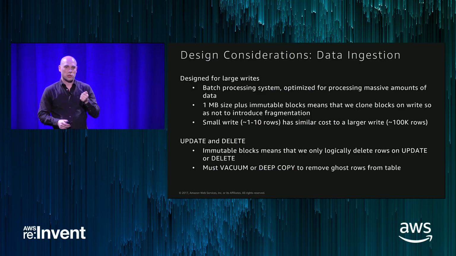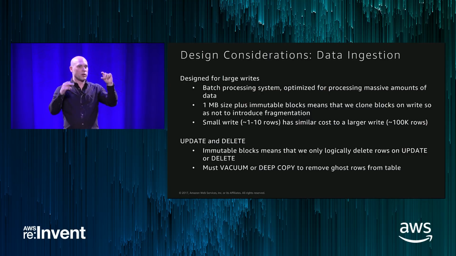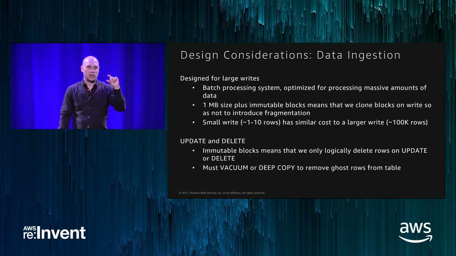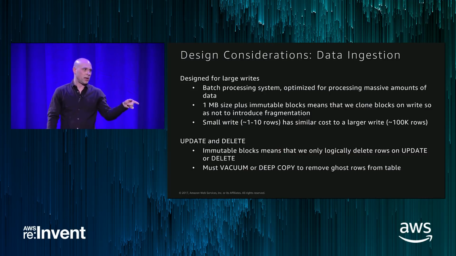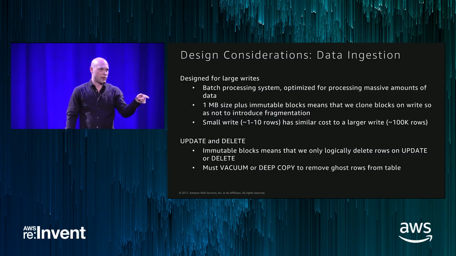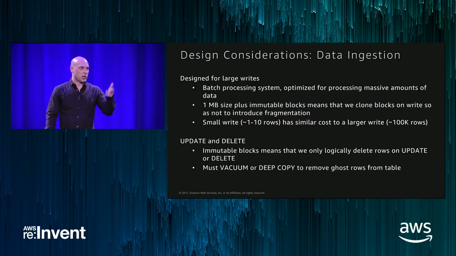So what we actually do is pick up the last block in each column, clone it, read it, stuff that new record into that block, rewrite it back to disk, and throw away the last block that was at the end of the column, and that becomes the new block. If you think about it, that's a lot of work: reading a 1 meg chunk and rewriting a 1 meg chunk for every single column.